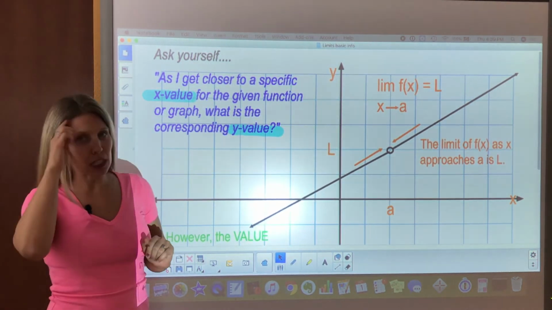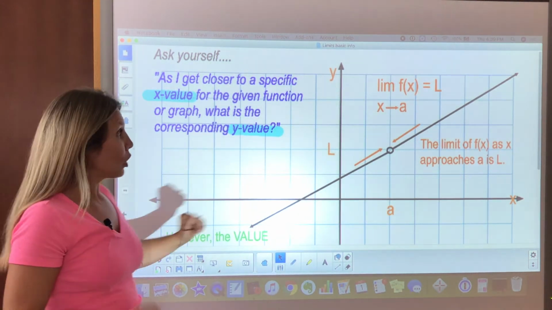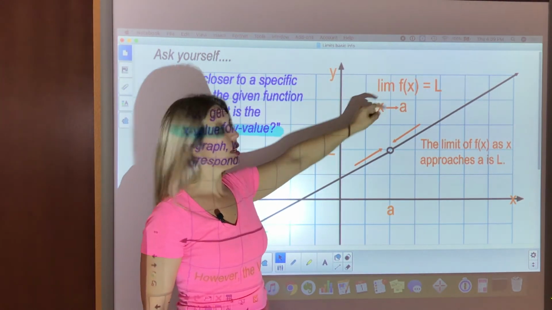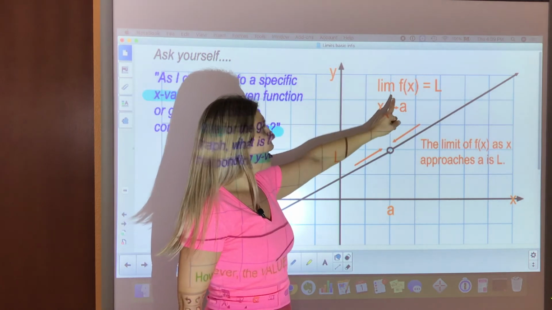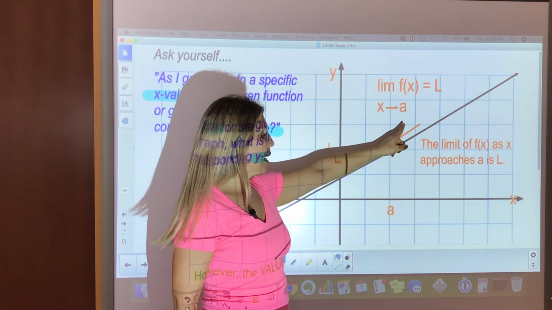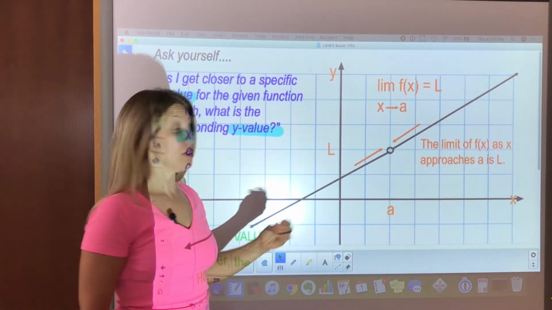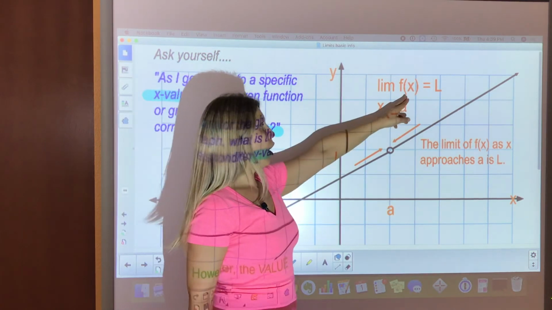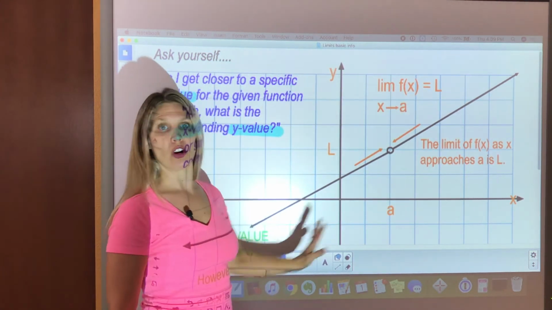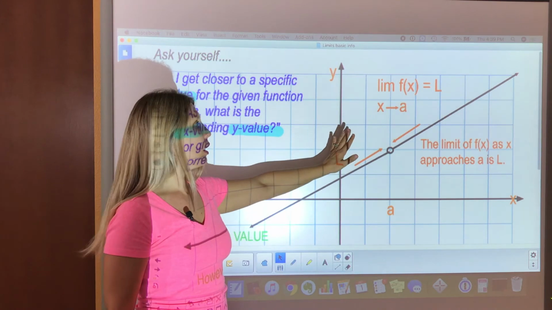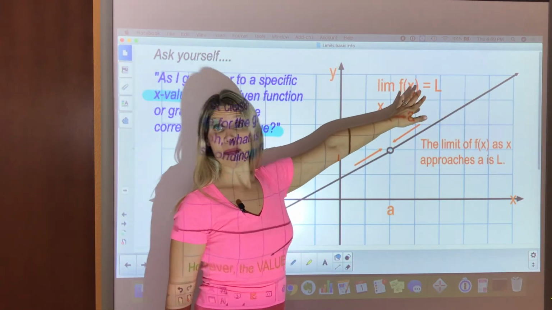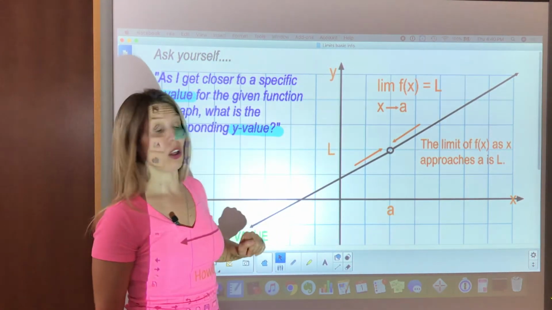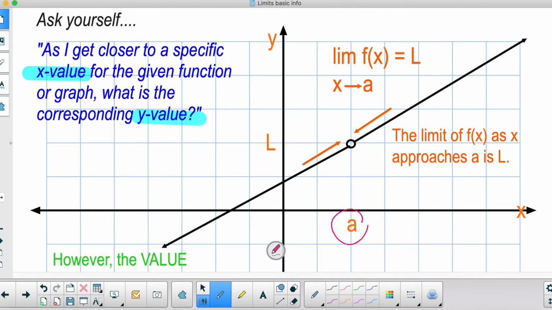So looking at this problem right here, you will see the problem written out as the limit as x approaches a, so a is our x value in this problem, of f of x, that's just our function or our graph, it equals L. And let me tell you why it equals L. So here is our x value, a, that we're looking at. Now we need to find where the graph is going when x is a.